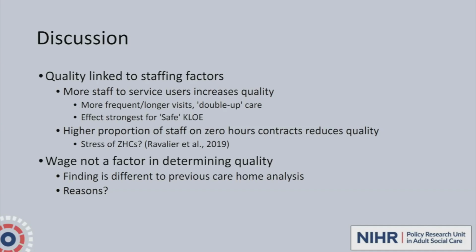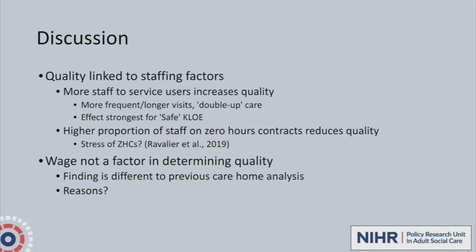We also find that a higher proportion of staff on 0 hours contracts reduces quality. That could be in line with some qualitative research which has found that those employed on 0 hours contracts have added stress points to their role as a domiciliary care worker, compared to those on fixed hours contracts.